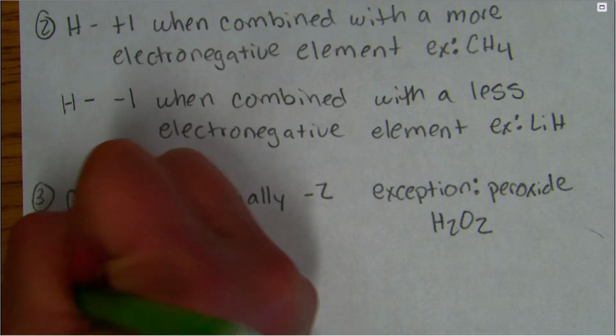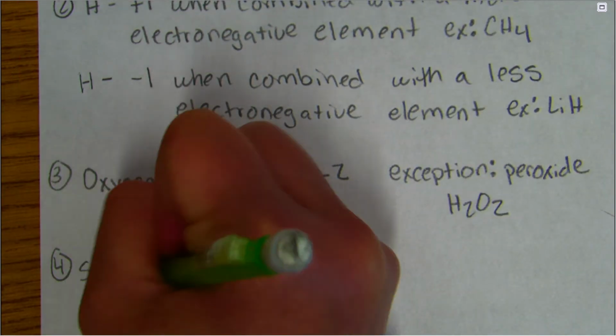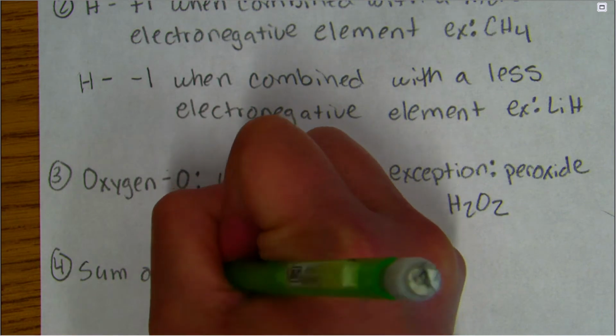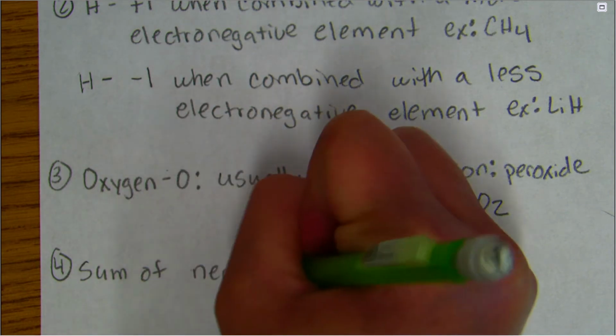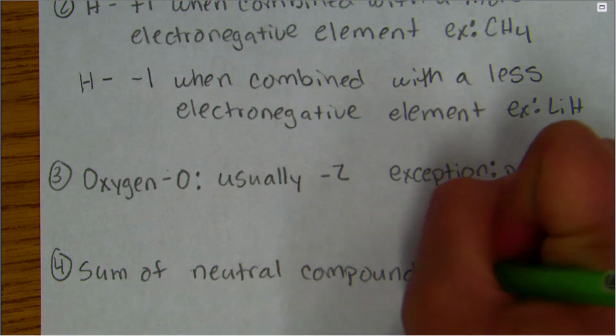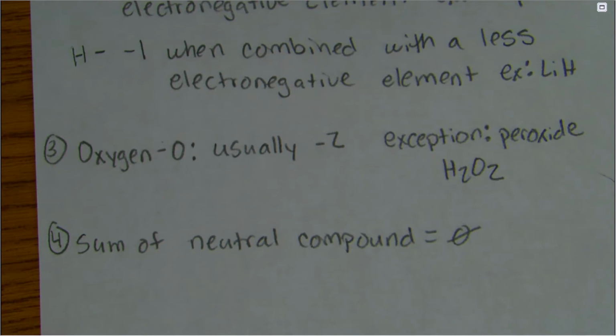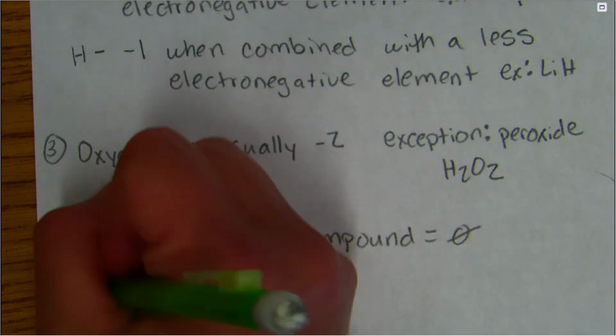The sum of a neutral compound needs to equal 0 because it is a neutral compound. The sum of a polyatomic ion needs to be the overall charge of the ion.